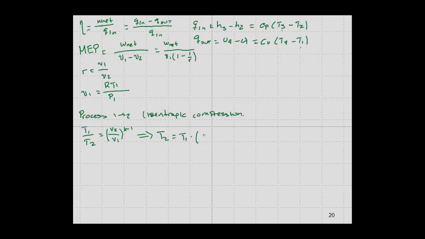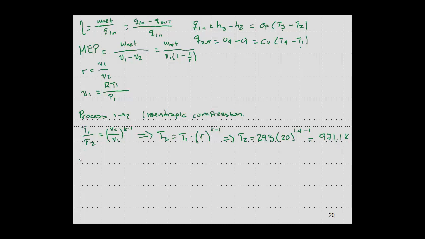We don't have the values, but we know R. Now substituting, T2 will be T1, which is 293, times 20 to the 1.4 minus 1, and T2 is 971.1 Kelvin.